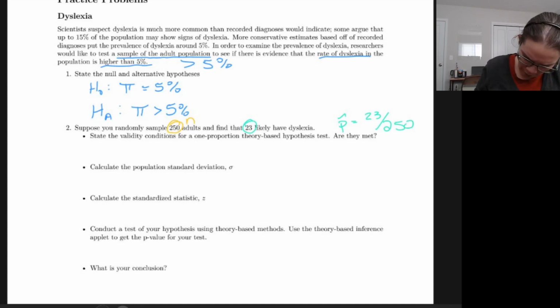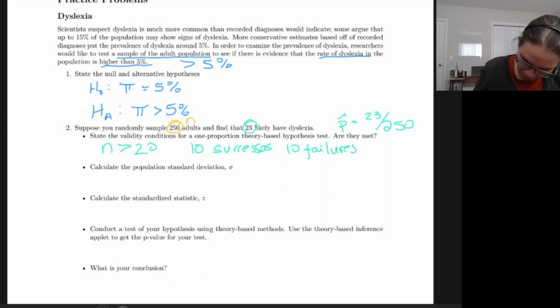The validity conditions for a one proportion theory-based hypothesis test are that we have N of at least 20, and 10 successes, 10 failures.